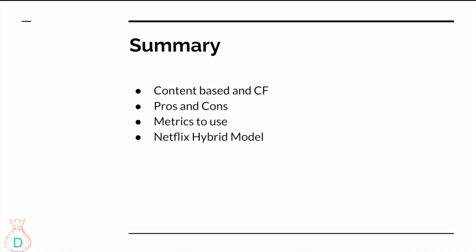Let me quickly cover what I just talked about. I first talked about content-based versus collaborative filtering, and how content-based means you have to know your product and your user very well. I also talked about the pros and cons of using them, the biases, and the computation power you will need for these models. Then we talked about what kind of metrics to use for your recommendation system.